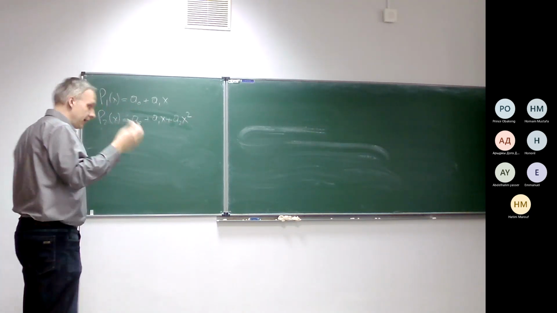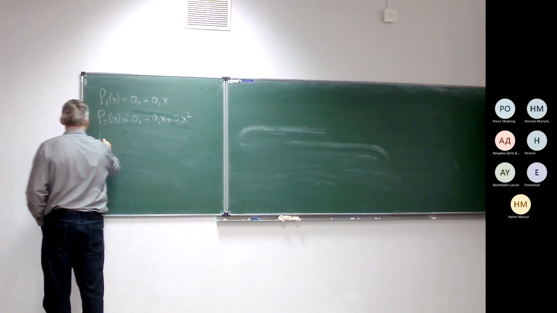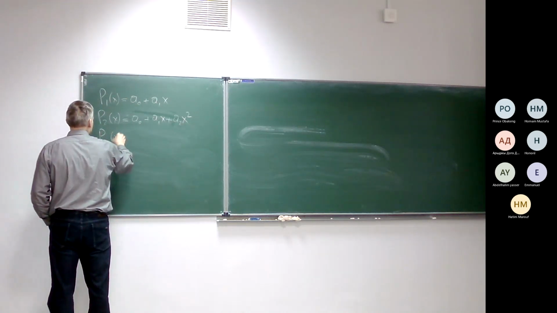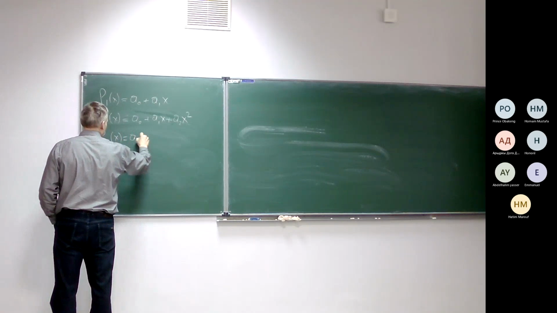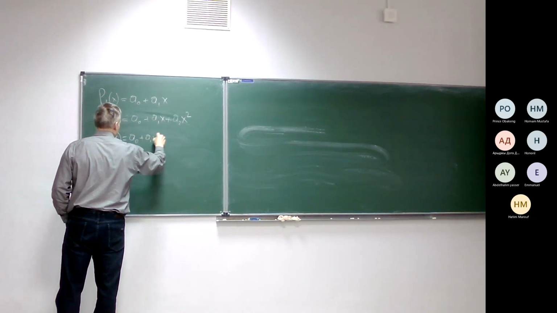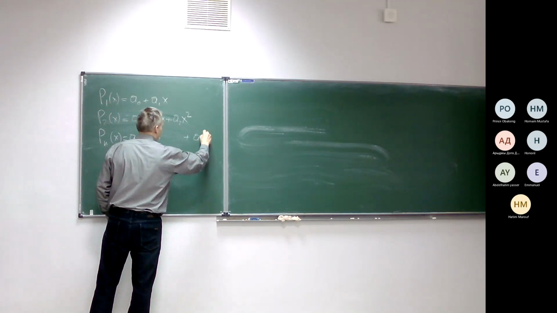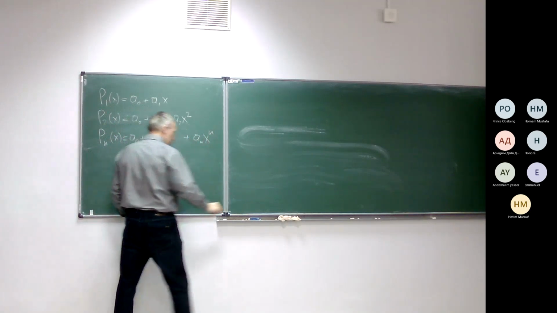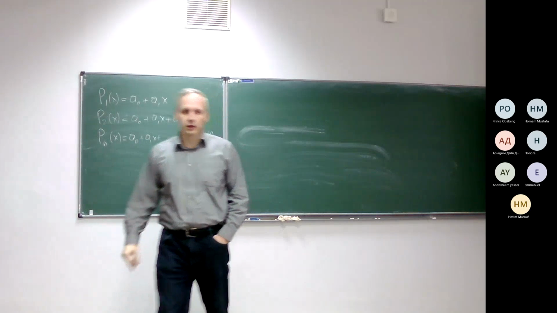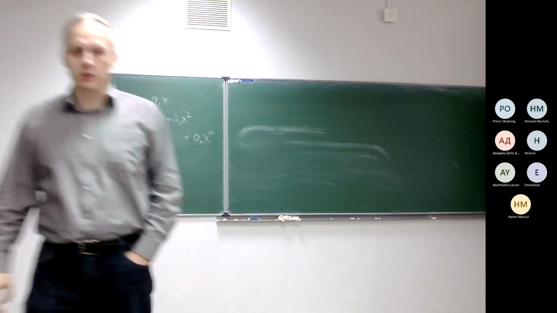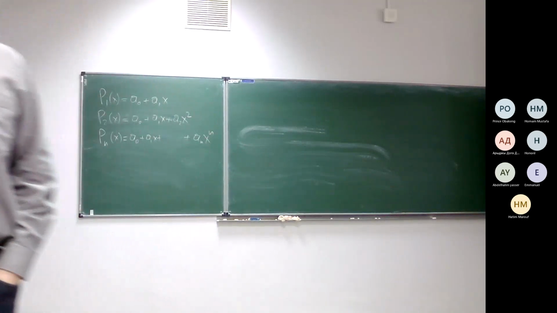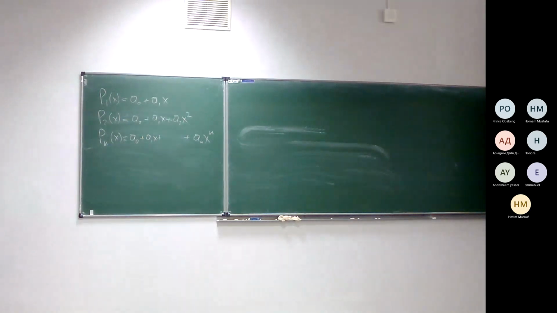Polynomial of degree n can be written as A0 plus A1x plus and so on, an x power n. This is a general form of polynomial.